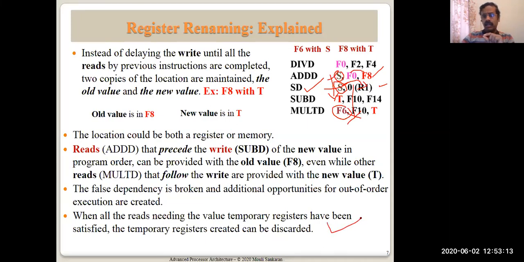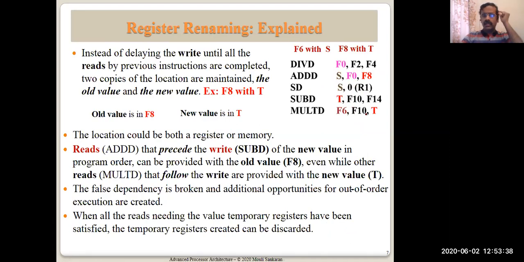What I mean by discarded is that this temporary register S can now be used for mapping instead of some other register. I can use this S for some other instruction, for removing some other data dependencies. So remember one thing, there is no maintaining the link.